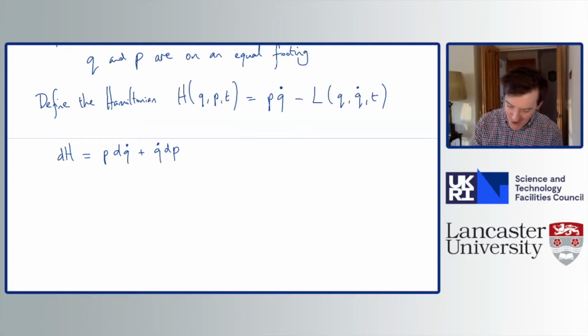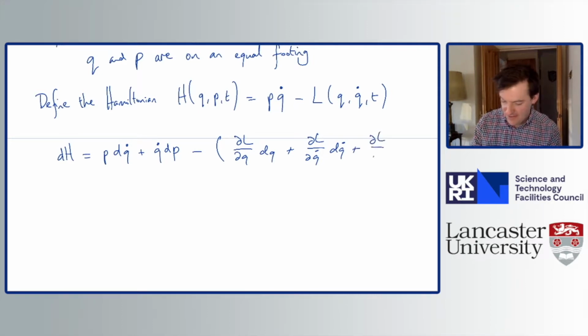And we subtract off dL. We can write dL as ∂L/∂q dq, plus ∂L/∂q dot dq dot, plus, since we'll put in the time derivatives, ∂L/∂t dt as well.